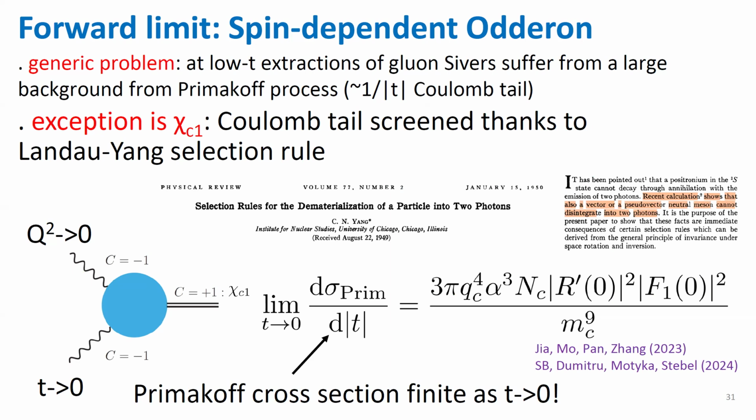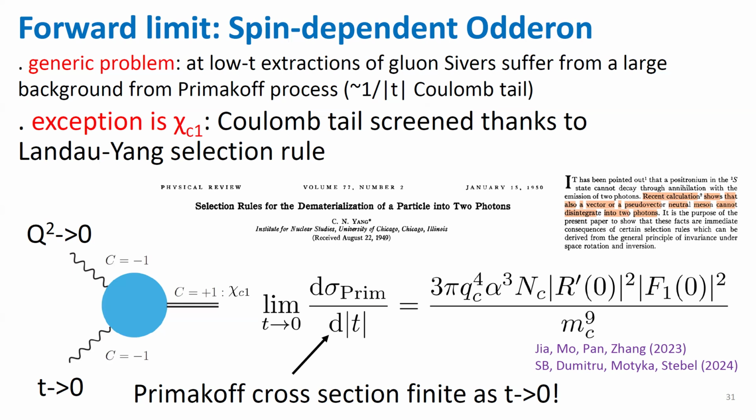However, there's an exception to this rule, and this is if you consider either an axial meson or an axial quarkonium, such as chi-C1. Then you can employ the Landau-Yang selection rule, which says that a massive vector particle cannot decay into two on-shell photons.